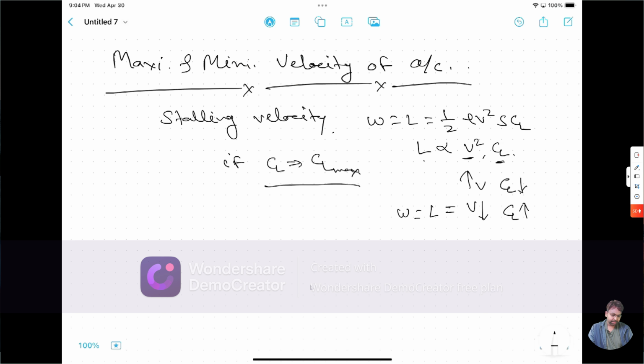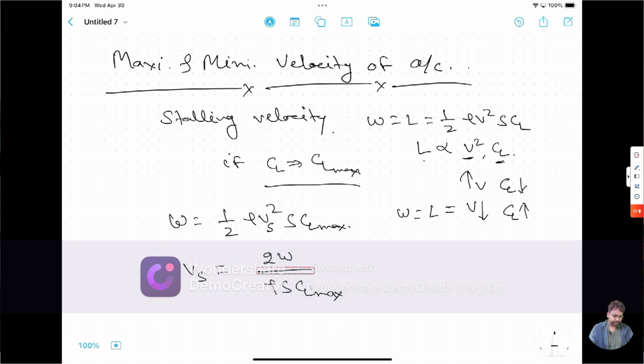So now I will write here W is equal to half rho V square S CL max. So the stalling velocity is given by the square root of 2W divided by rho S CL max.